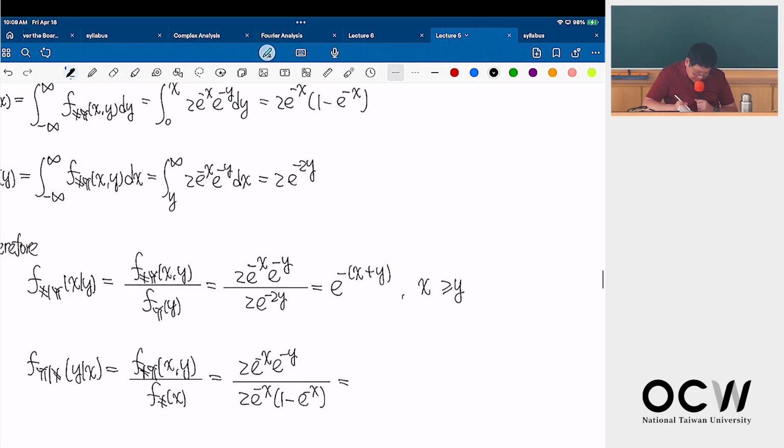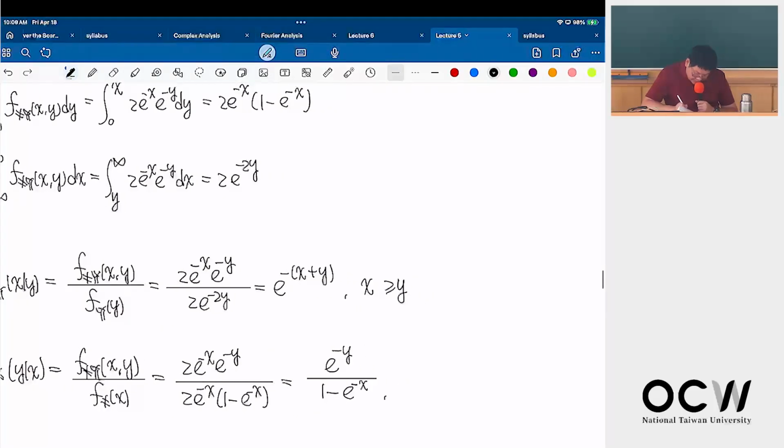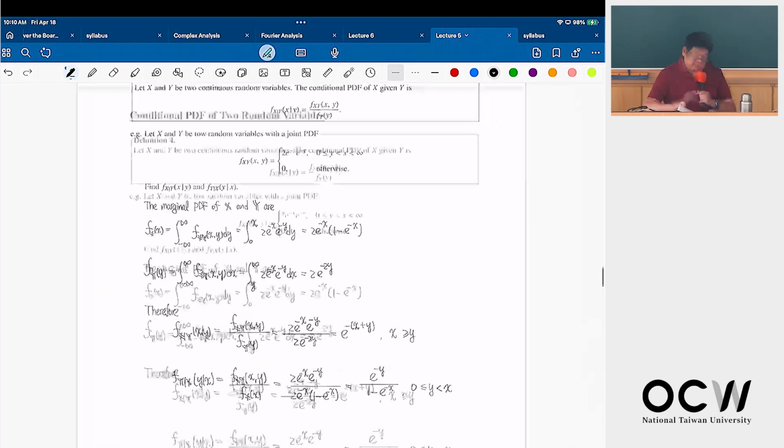So here it is e to the minus y divided by 1 minus e to the minus x, and y is between 0 and x.